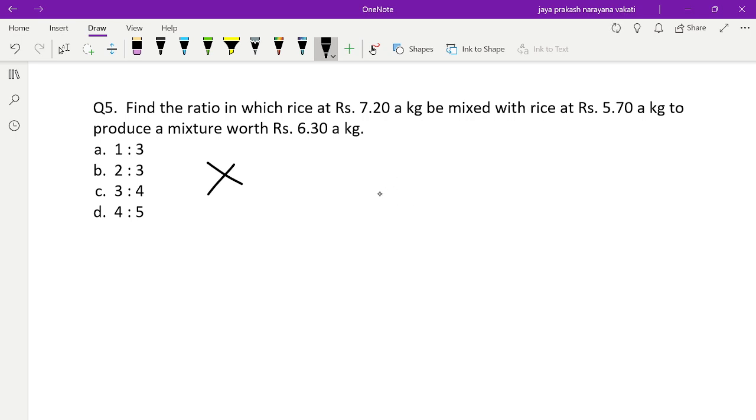Initially he has given 7.2 rupees as the first variety, the second variety is 5.7, and the mixture should be sold at 6.3. So what is the ratio of the quantities mixed?